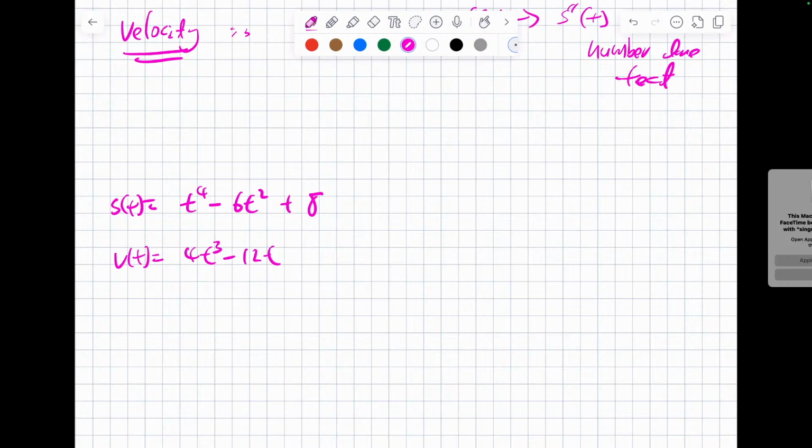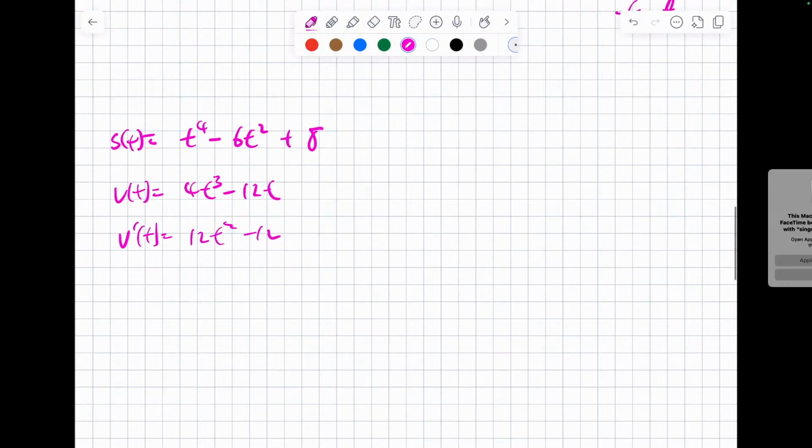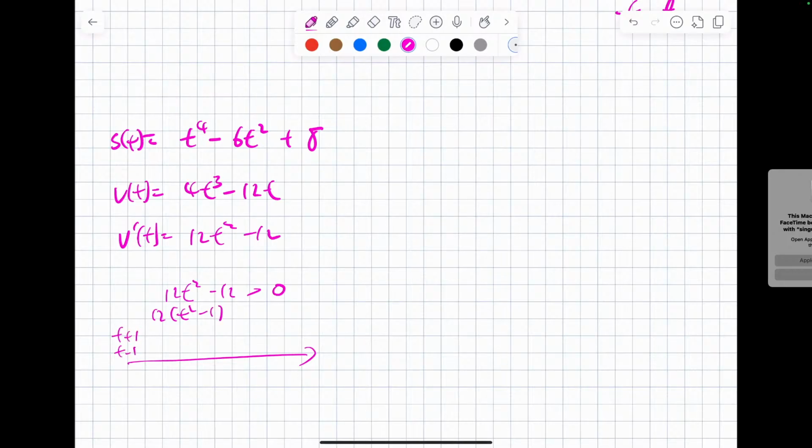And if increasing, that means I have to do one more derivative, right? So v prime of t is equal to 12t squared minus 12. And now just do a number line here. Why do I do a number line? Because you want 12t squared minus 12 greater than 0. So you can factor out 12, t squared minus 1, which is t plus 1, t minus 1.